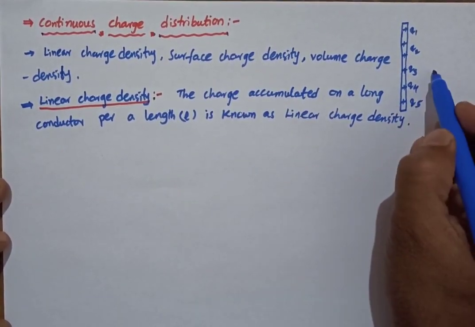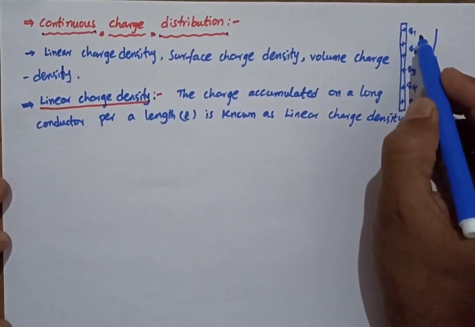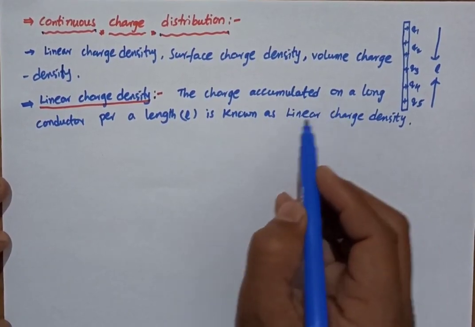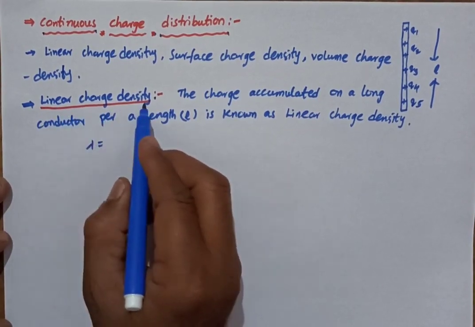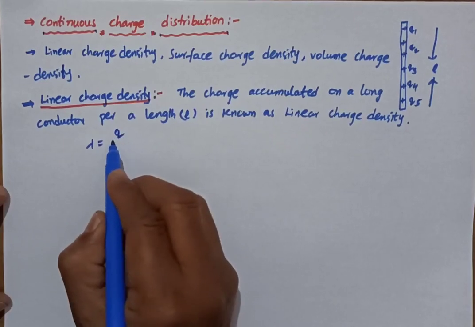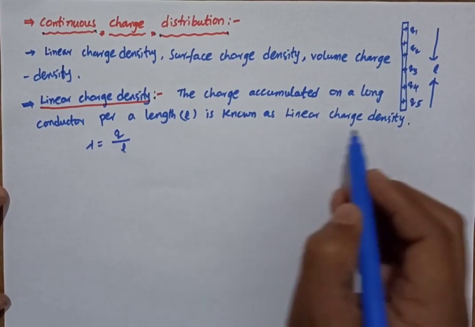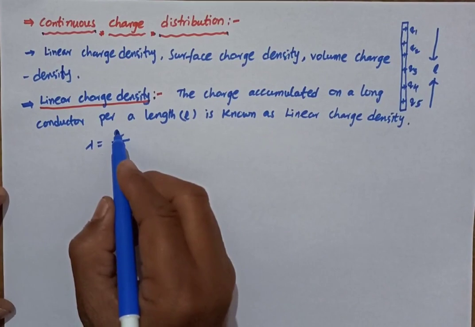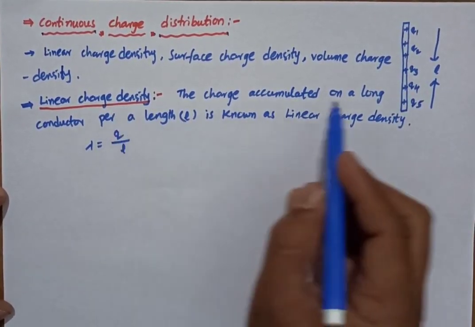Here the conductor length is L, and the macroscopic charge is Q. Then lambda, which is the linear charge density, equals Q by L. L is the length of the charged wire, the charged conductor, and Q is the macroscopic charge of this conductor.